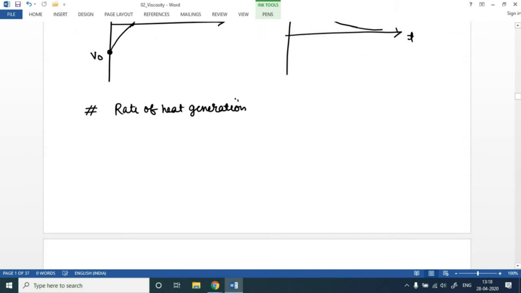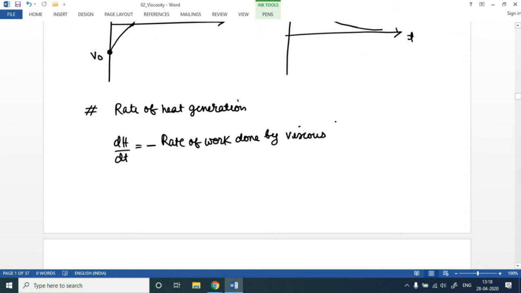You must realize the rate of heat generation, dH by dt, would be nothing but the negative of the rate of work done by the viscous force or drag force, which, you see, is non-conservative in nature.